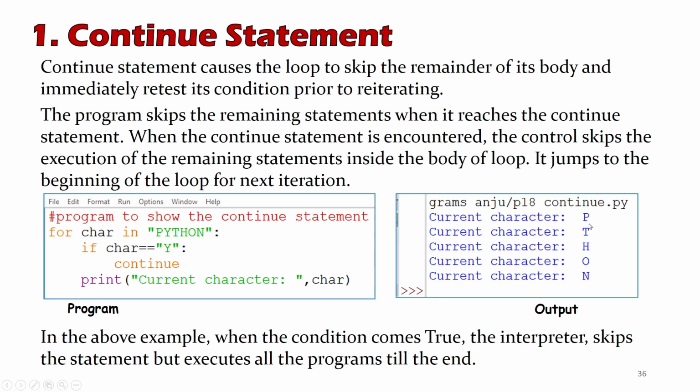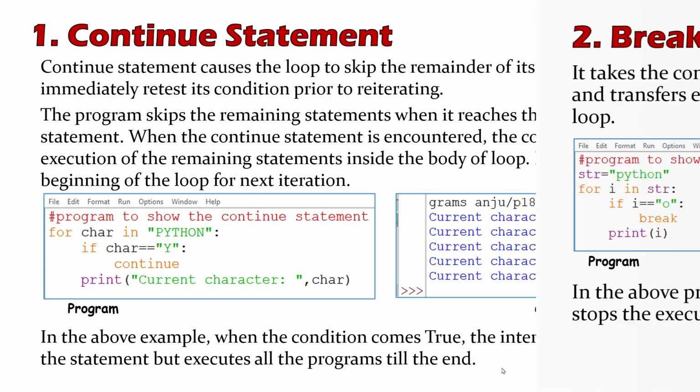So y is not printed and p, t, h, o, n are printed. In the above example, when the condition comes true, the interpreter skips the statement. Here you can just keep in your mind that continue means skip, but it executes all the program till the end.